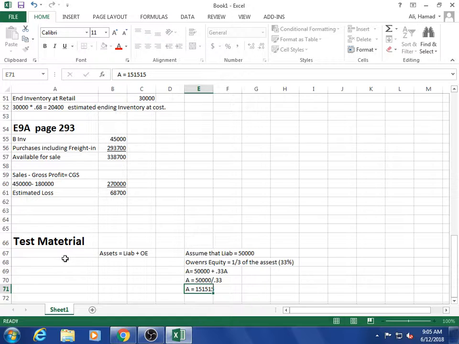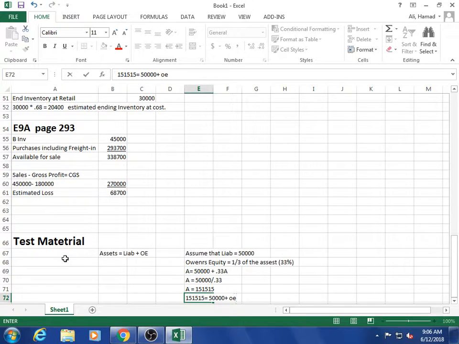So now we know the assets and we know the liabilities, correct? So assets are 151,515. Assets equal liabilities, which are 50,000, plus owner's equity, which is 1/3.